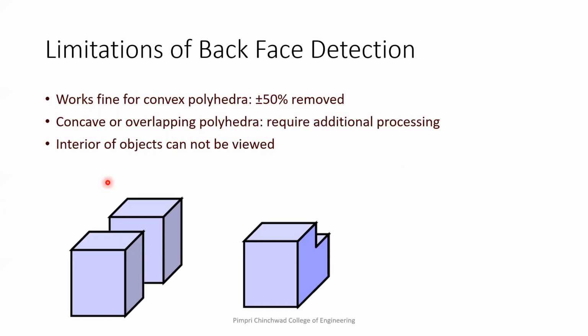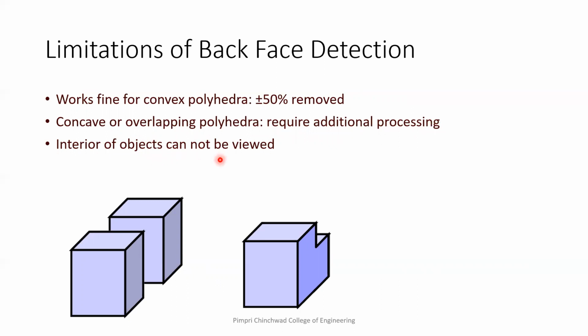Though it is a very effective method for removing almost 50% of the polygon surfaces at the first go, there are a few limitations of this algorithm. For concave or overlapping polyhedra, it cannot work. There we require more additional processing.